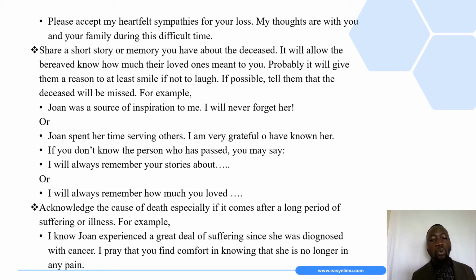I pray that you will find comfort in knowing that she is no longer in pain. That is one of the clever ways you can use to acknowledge the cause of death, especially if it comes after a very long period of illness.